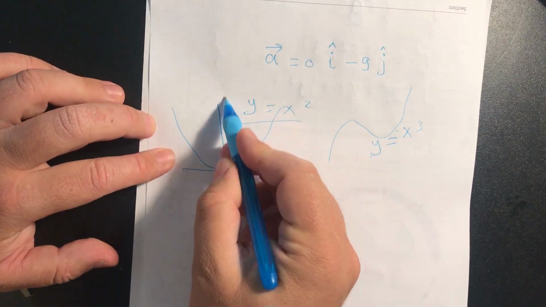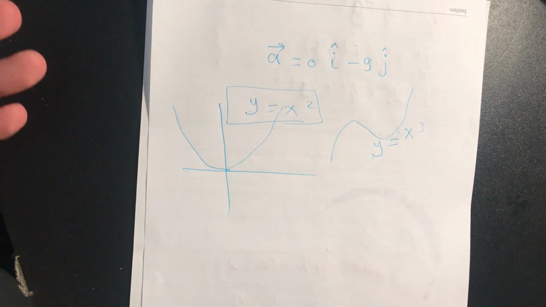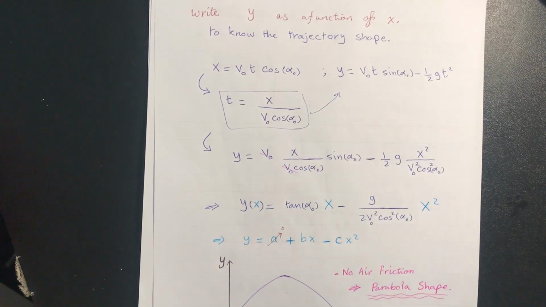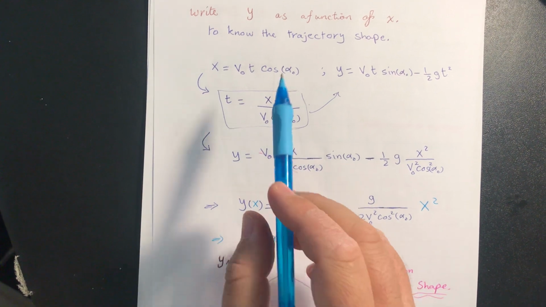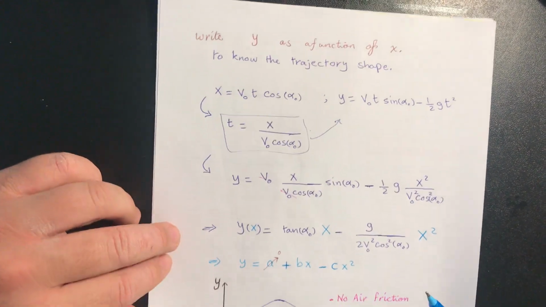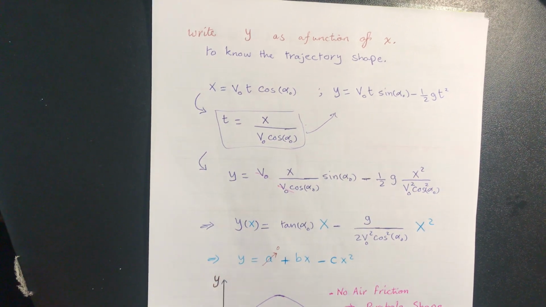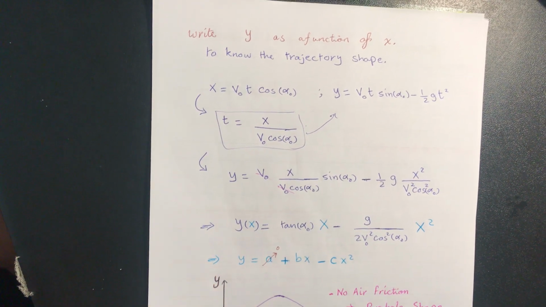This is a trajectory function, okay? If we need to know the shape of our trajectory, that means we need to write y as a function of x to know the shape of our trajectory.